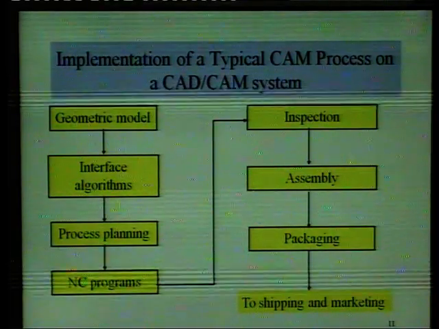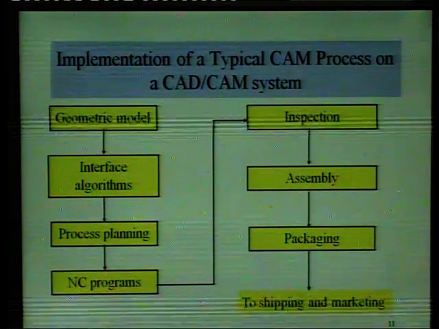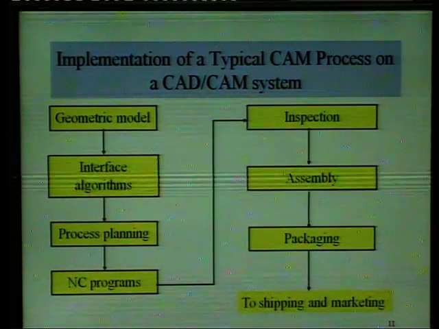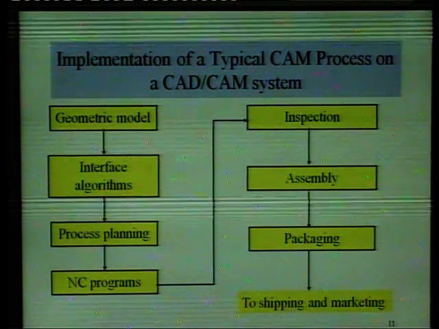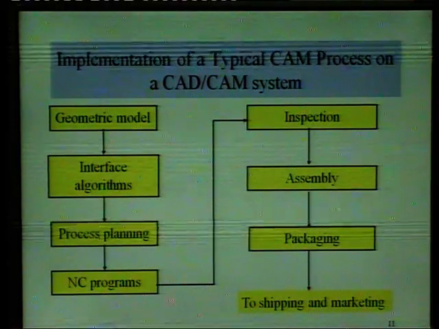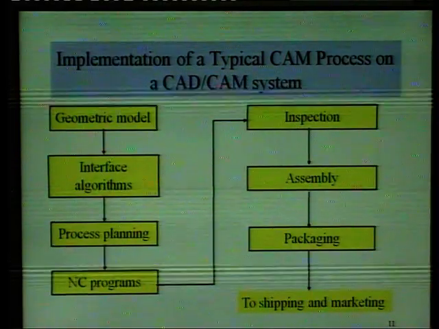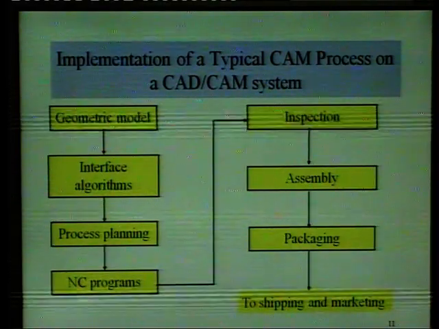Once the interface algorithms are able to interpret the geometry, the process planning is prepared. Process planning, as I mentioned earlier, is the making of a list of processes which are required for manufacturing the intended product.